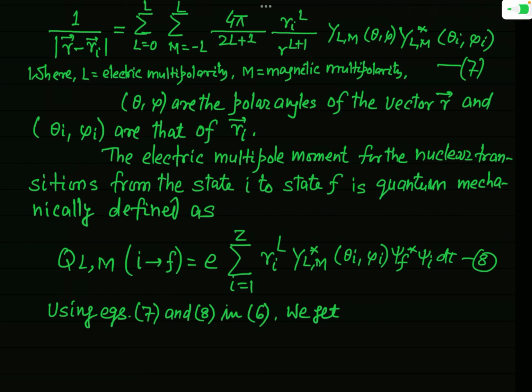All these things we study in quantum mechanics, so I have written it here directly, that when r_i is less than r, then 1 over mod of r minus r_i, this expansion is given as summation L equal to 0 to infinity and summation M equal to minus L to L times 4 pi over 2L plus 1 times r_i to the power L over r to the power L plus 1, Y_LM theta phi times Y_LM star theta_i phi_i. You have to remember it because this result has been written directly.